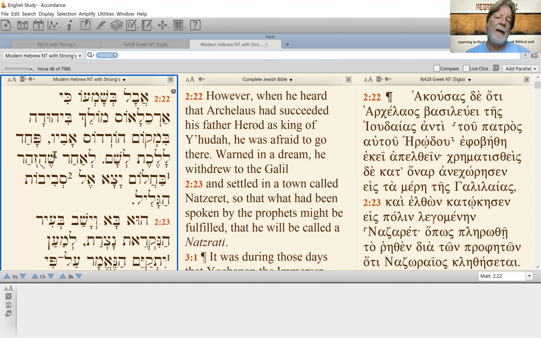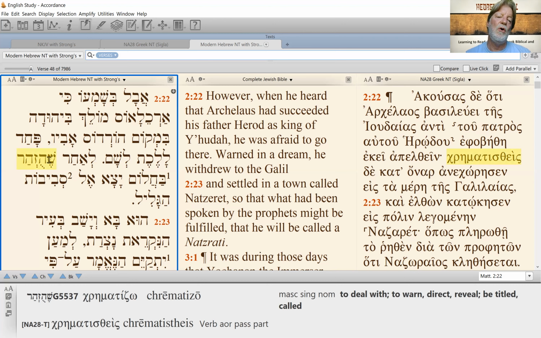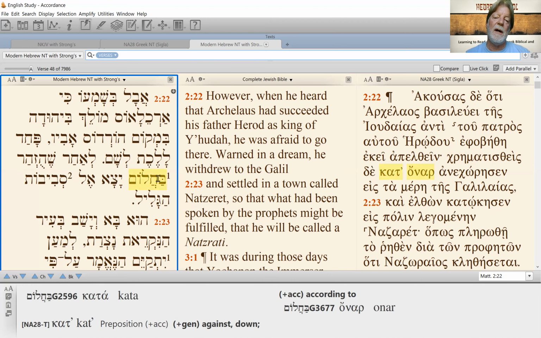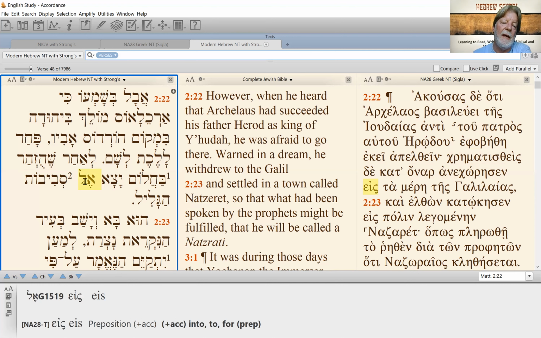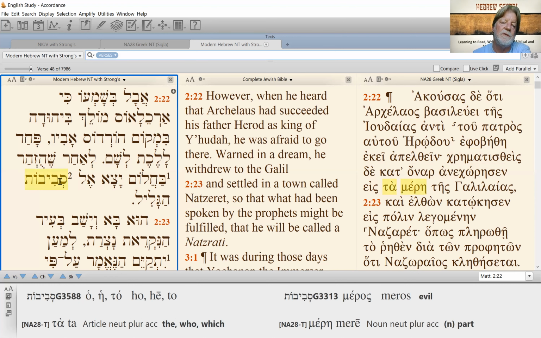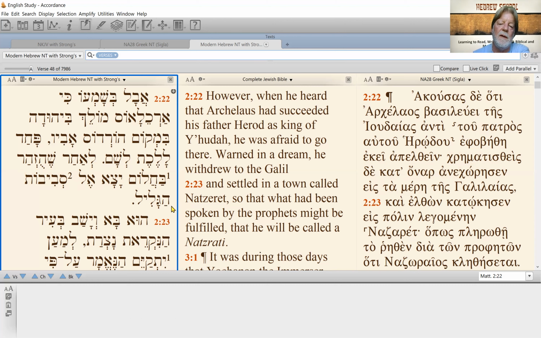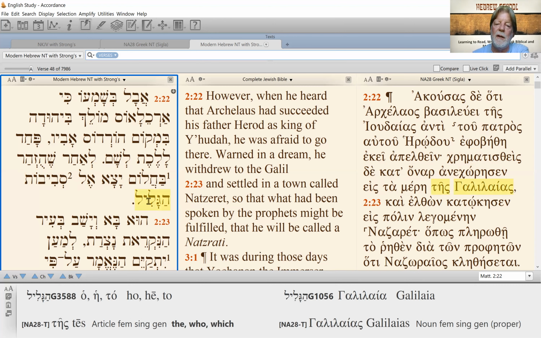La'ahar, and after, she Huzahar, he was warned, Bahalom, another dream. Yatzah, he went, El, to, Savivot, a roundabout way. He went around in a roundabout way, Hagalil, to Galilee.